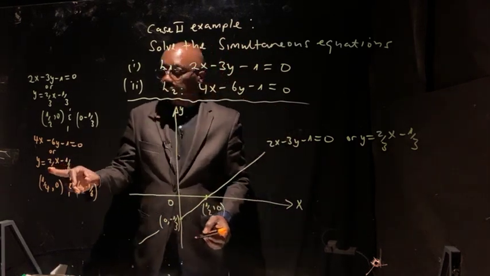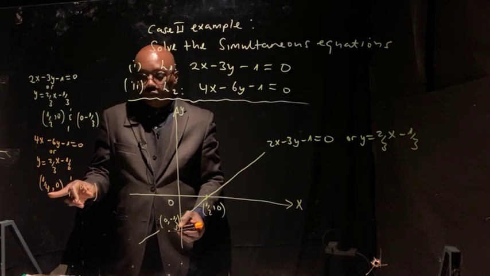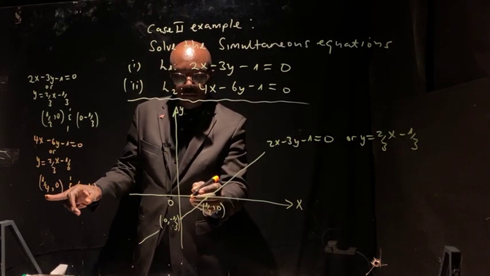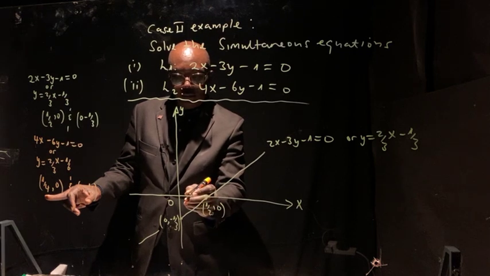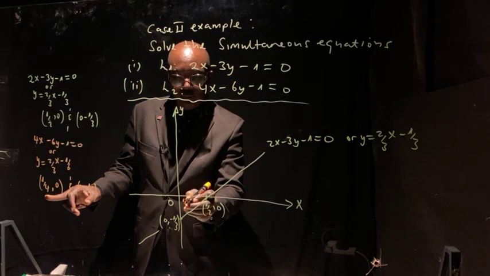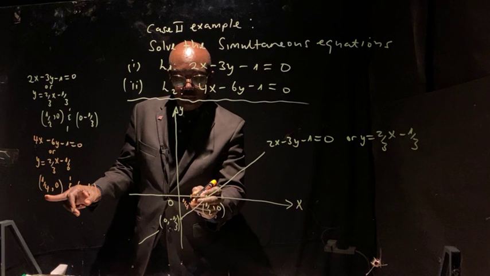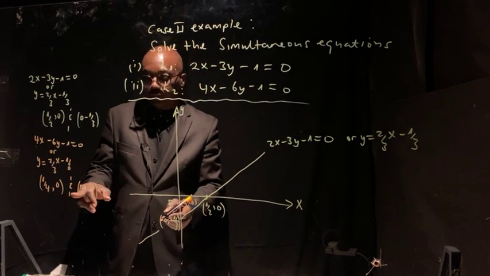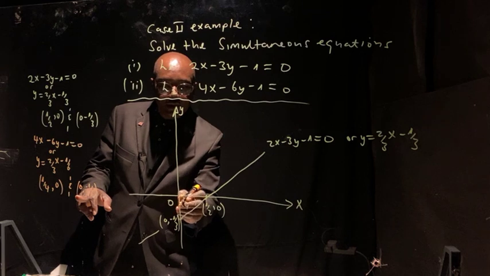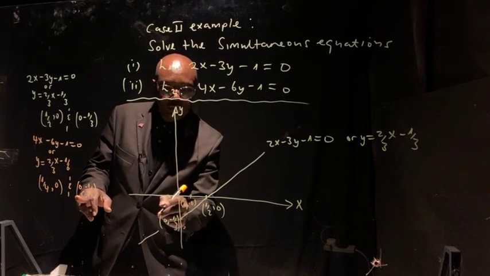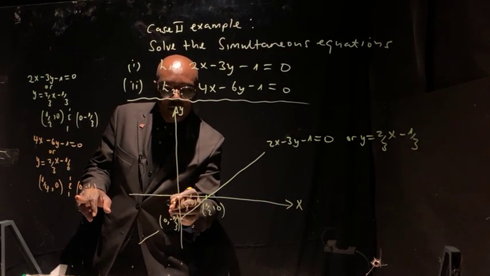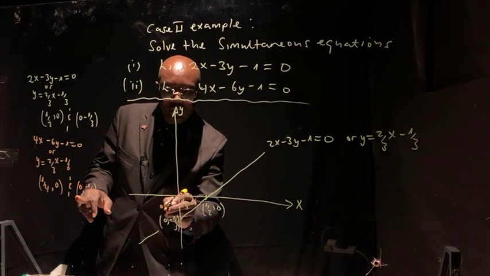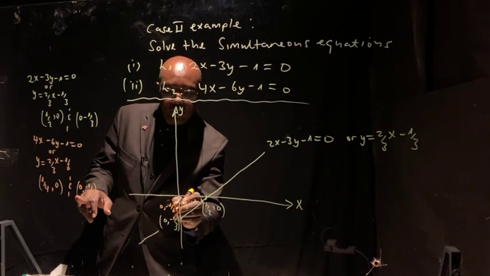And the second equation was 1 over 4, which is here, good. And this is 1 over 6, which is something here, 0, minus 1 over 6.